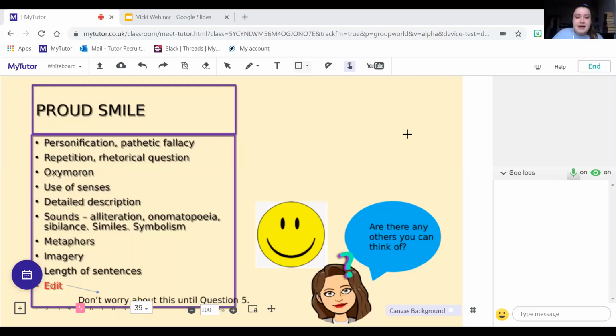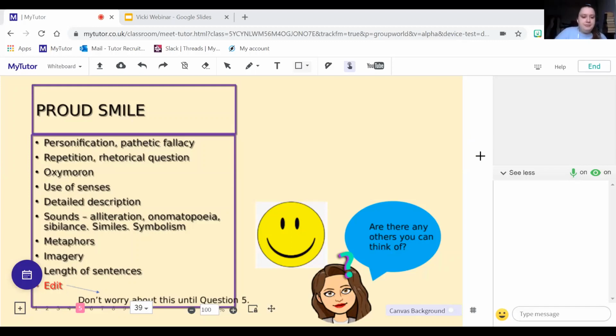Triplets, yep, fantastic. Adjectives, emotive language, yeah, emotive language you more see in your paper 2s, so that's creating a particular emotion. Yeah, there's absolutely loads of stuff here, guys. Well done. Right, okay, so let's move on to talking through what each one of these is.